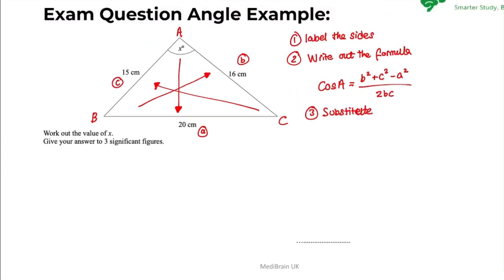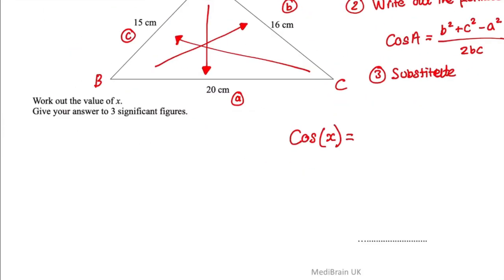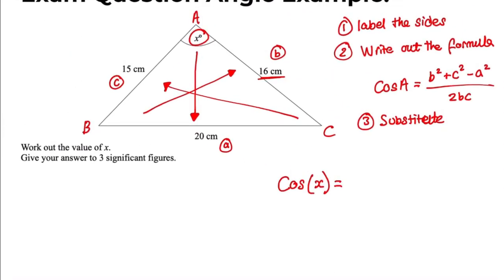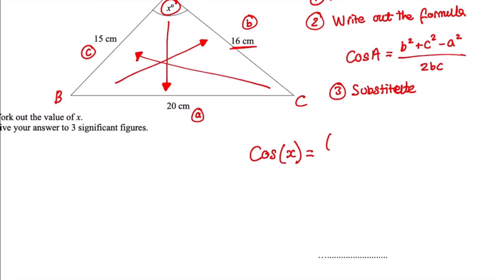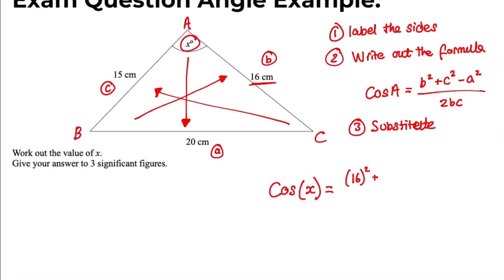So we've got cos capital A, which is x. So we're just going to write cos x equals, and then lowercase b squared. Where's lowercase b? Lowercase b is over here. So we're going to have 16 squared, plus lowercase c squared. Where's c? C is here.